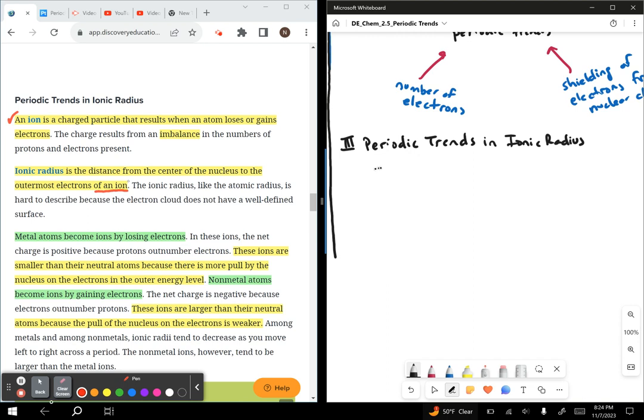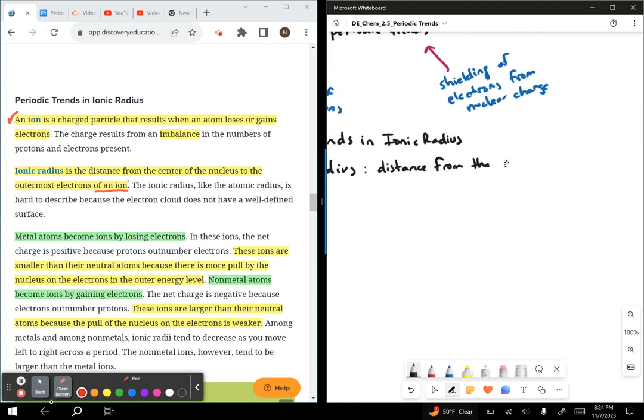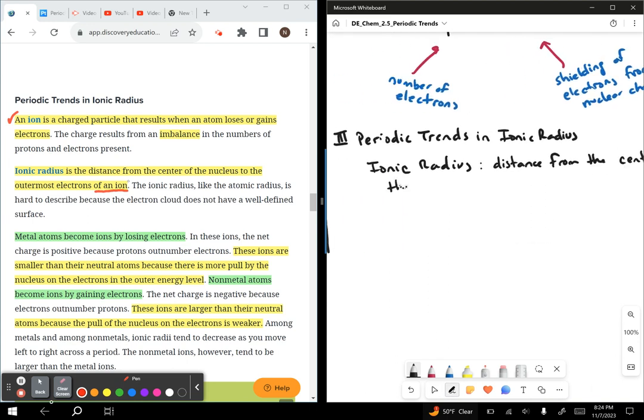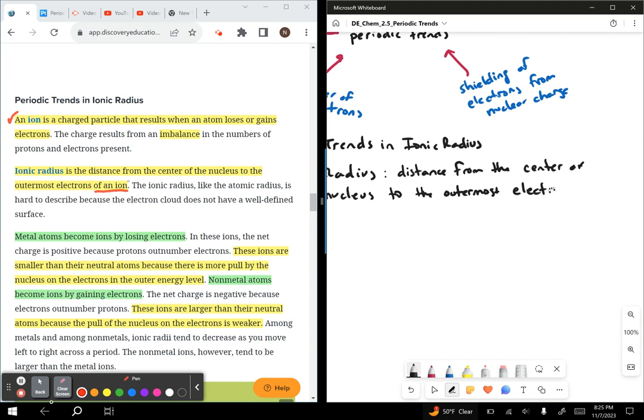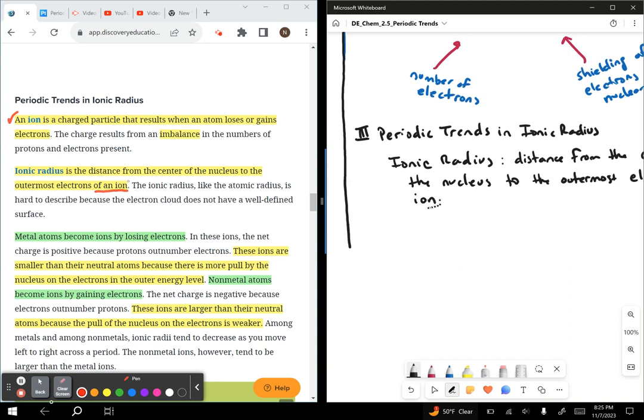So ionic radius is the distance from the center of the nucleus to the outermost electrons of an ion. Instead of atom, we're using the word ion. That's the key.